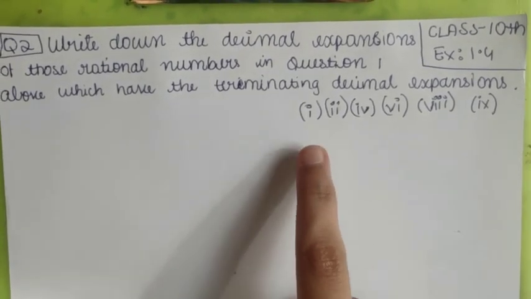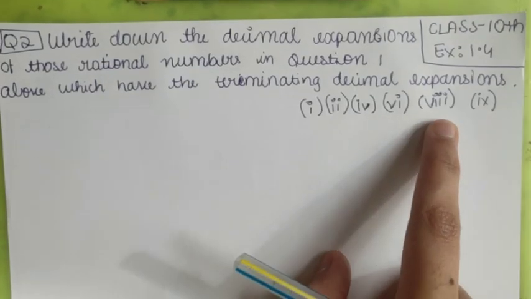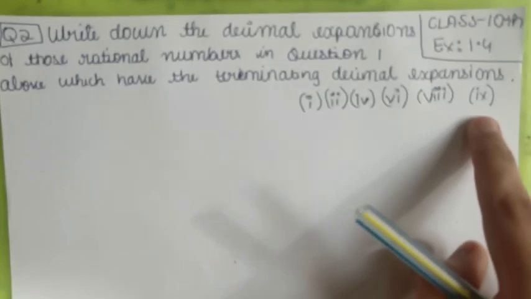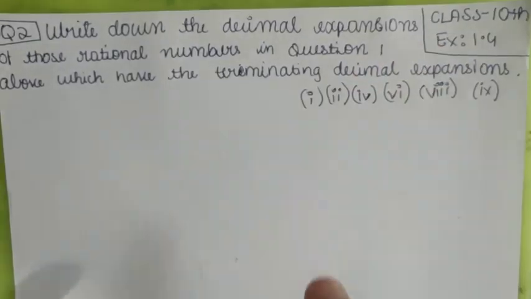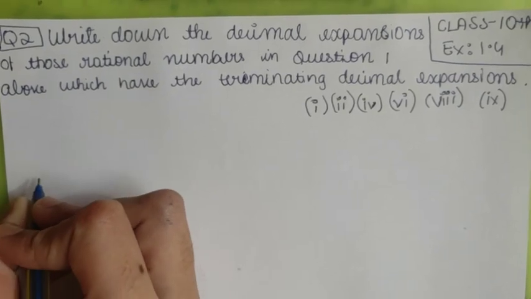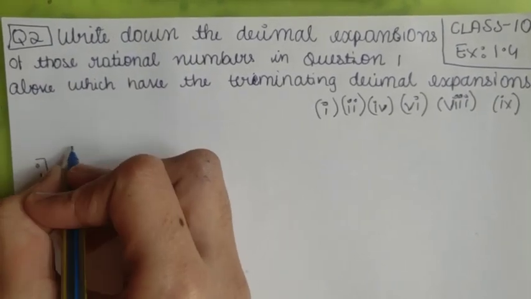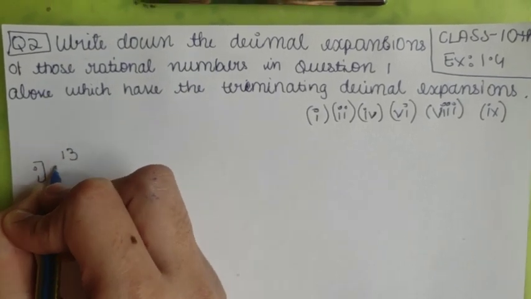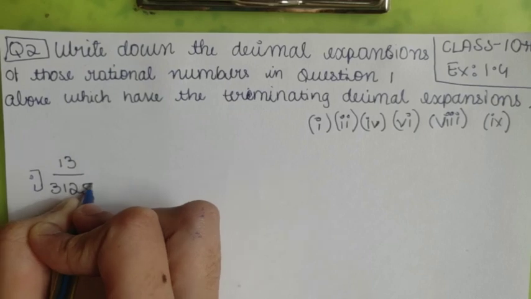Okay, so here the first question, second, fourth, sixth, eighth and ninth were the terminating decimal expansions in our question number 1. So our first question begins, that is 13 by 3125.